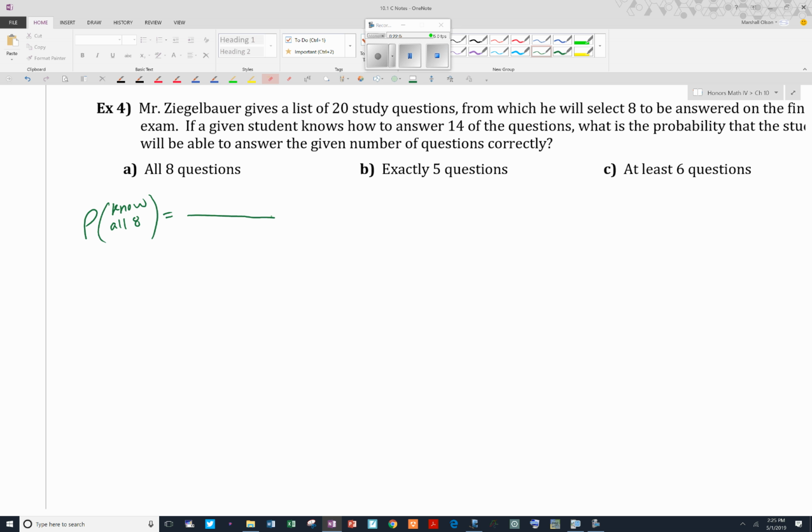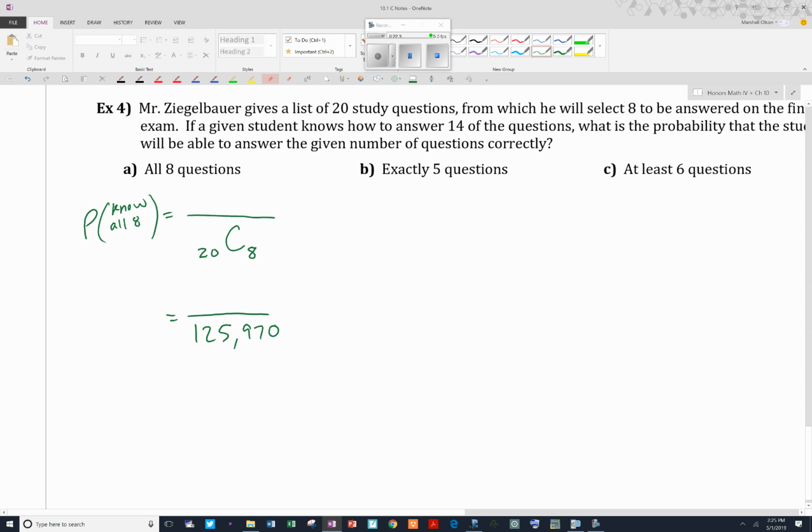How many questions does he have to choose out of? How many is he going to pick? Does order matter? No, he's just putting questions on. 8 questions, no matter how you order them, are still the same 8 questions, right? Combinations, folks. We have 20 questions, of which he is going to choose 8, which I believe gives Mr. Ziegelbauer almost 126,000 possibilities for this exam. 125,970.